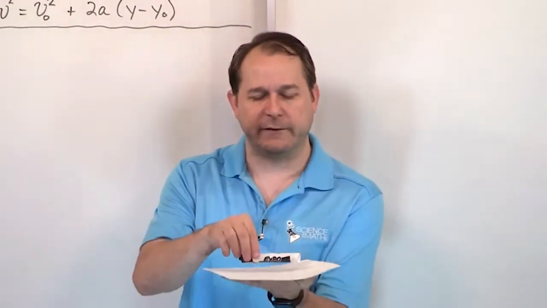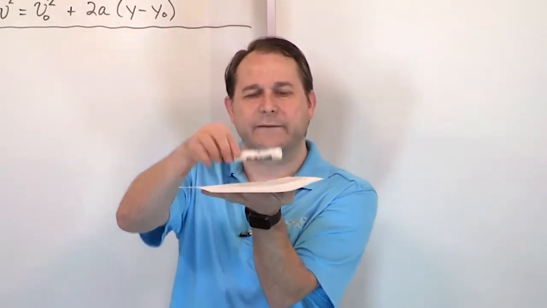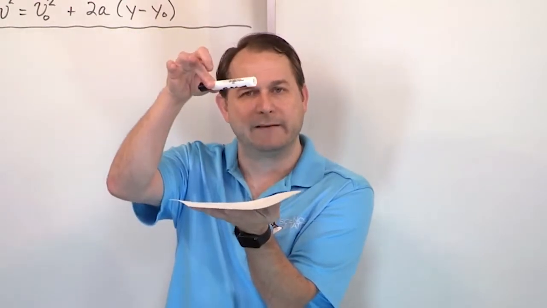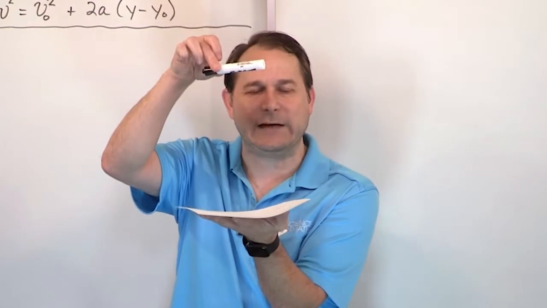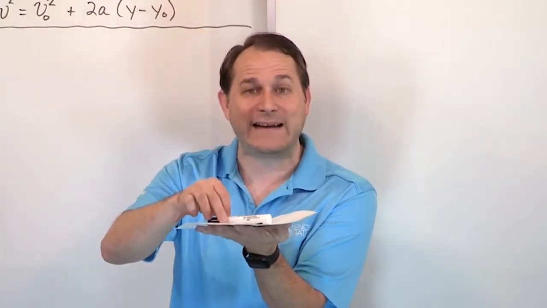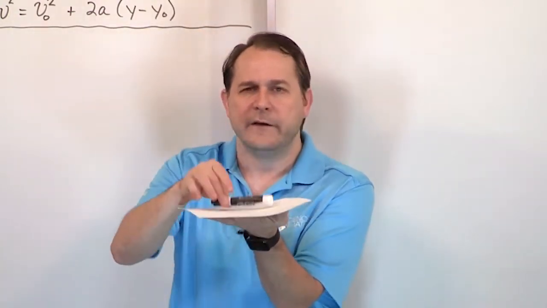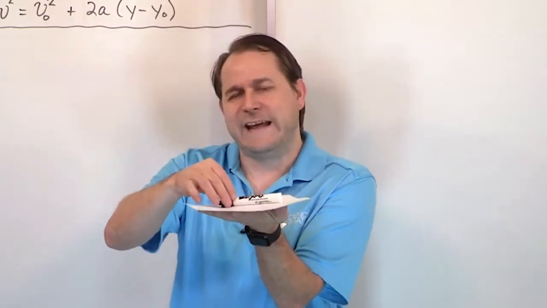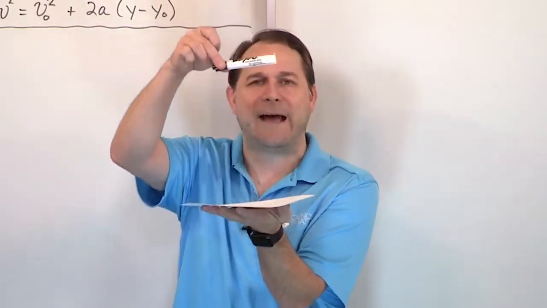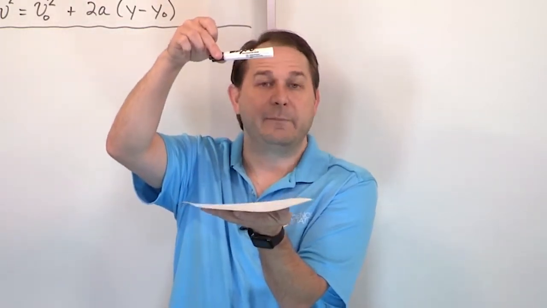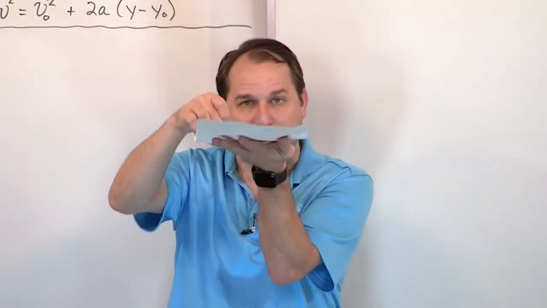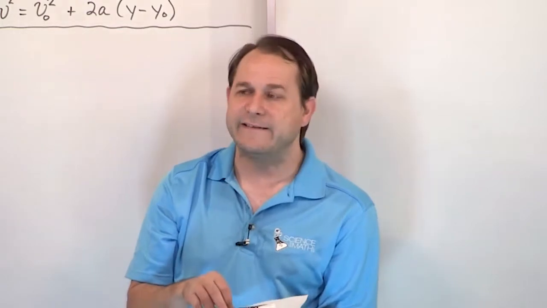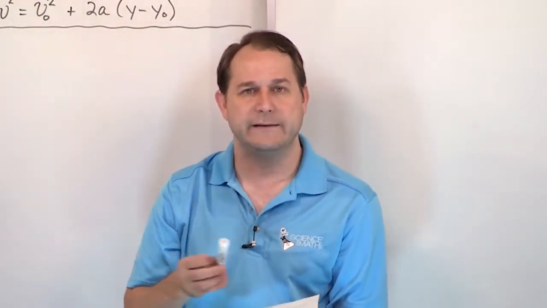However long it takes for this marker to reach its maximum height, the time that it takes to reach the top is exactly equal to the time it takes to fall back down to its initial position, right? So if the initial position is here, let's pretend that I throw this thing up and it takes 1.5 seconds to reach the top. Then because of symmetry, you also know that it takes 1.5 seconds to get back down to where it started, right? So that's something you can actually use to help these problems.